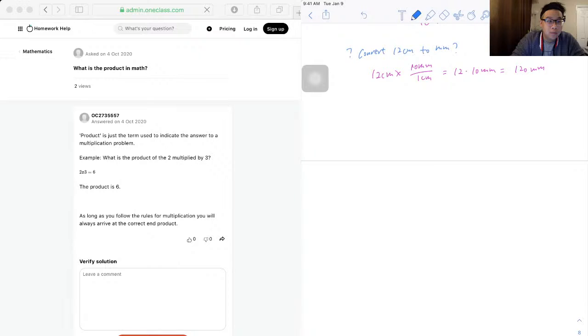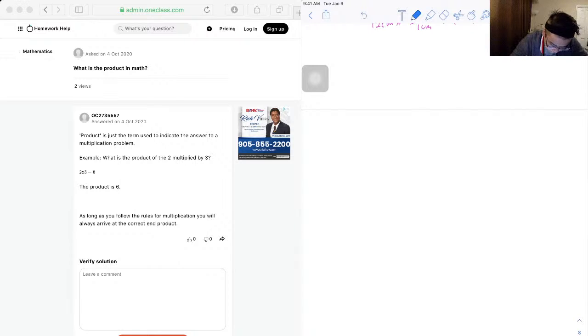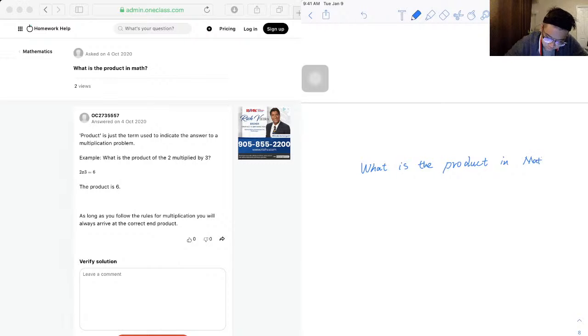So the second one we got is asking us what is a product in math. Let's copy down the question. What is the product in math? Alright. So product is just a term used to indicate the answer to a multiplication problem.